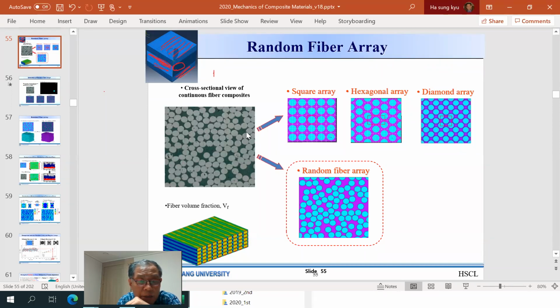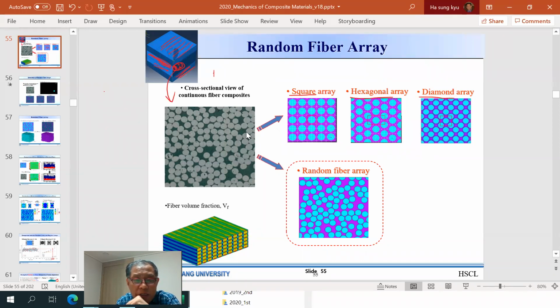If we take a look at the cross section, you can see the cross sections of the fibers. And this is the picture of the real plies. This has been modeled as we covered. One is a square, another one is hexagonal and diamond array, and so on.